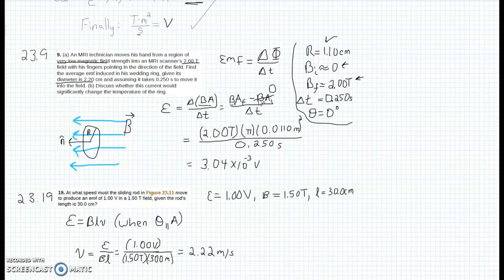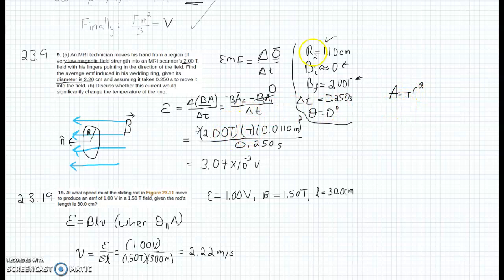The dimensions of the ring aren't changing, just the magnetic field. So we're going to be left with B times A, where we're given the B, and then we have to calculate A, right? So remember that the area of a circle is pi r squared.